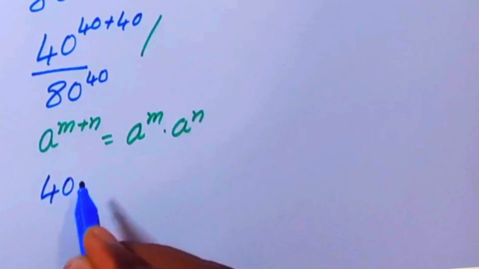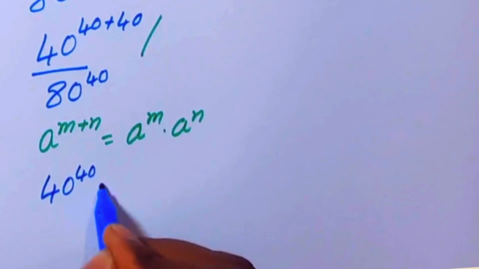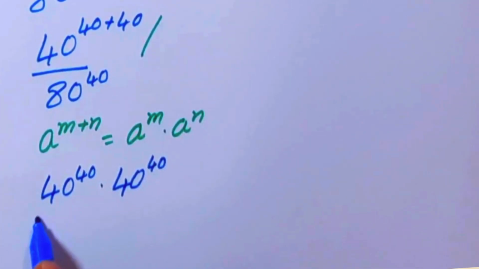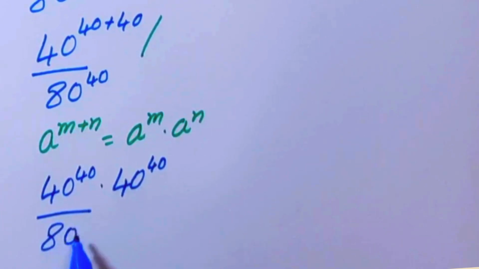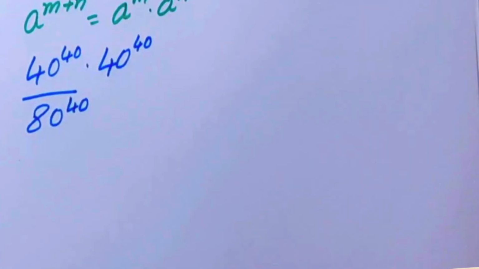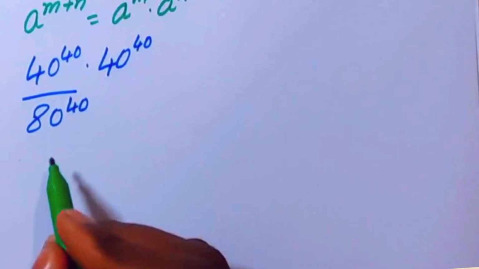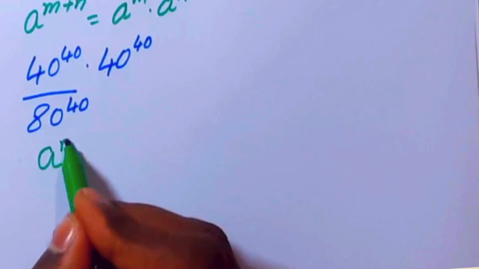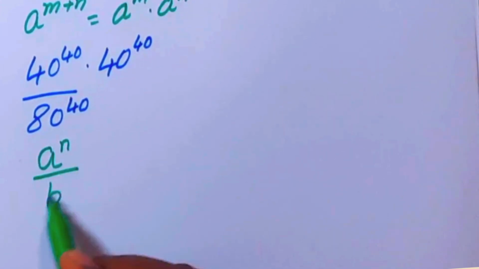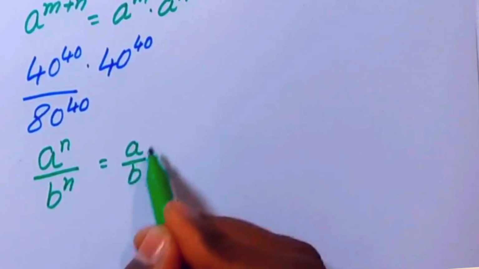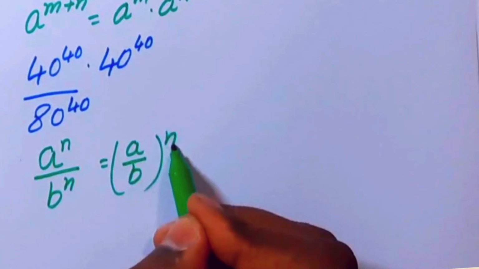40^40 times 40^40 by 80^40. Here the powers are the same, so we are going to use a^n by b^n equal to (a by b) whole power n.